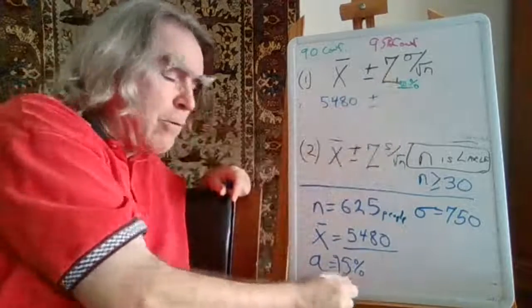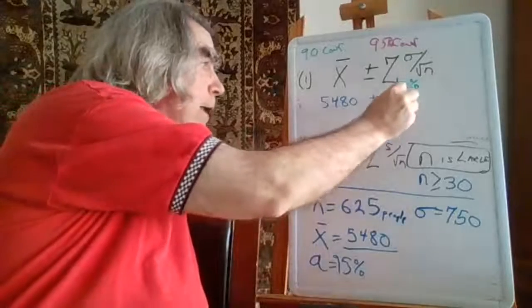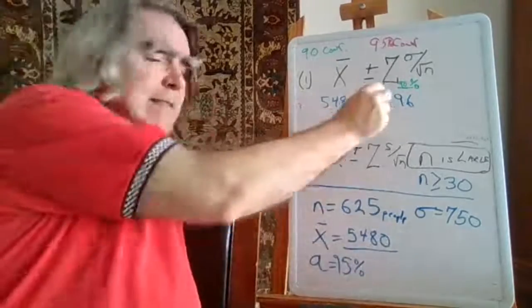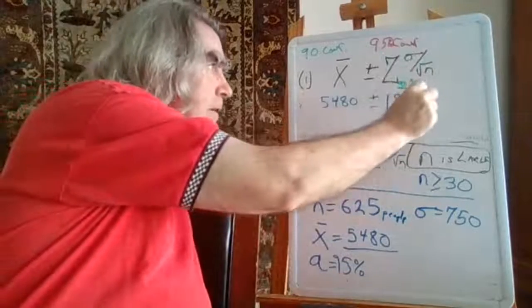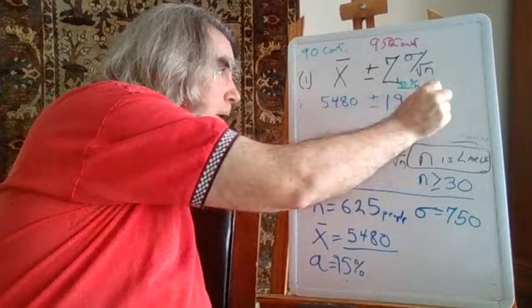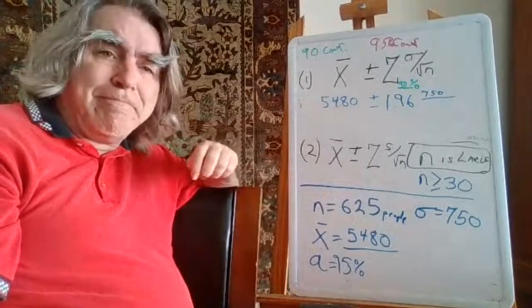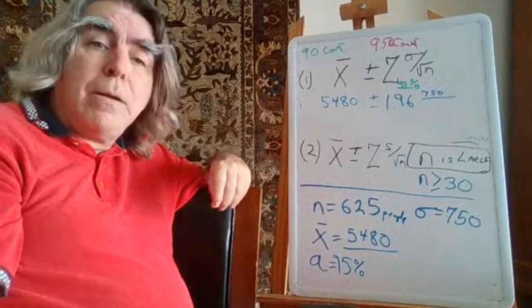What is the z value that corresponds to 95%? 1.96. Right? So that is the z. What is the sigma? The sigma was 750. How do we know that? Because God told us that. Somehow it would have been in the problem.